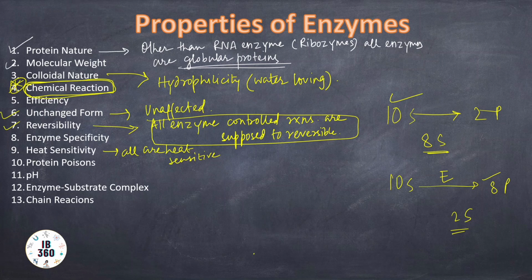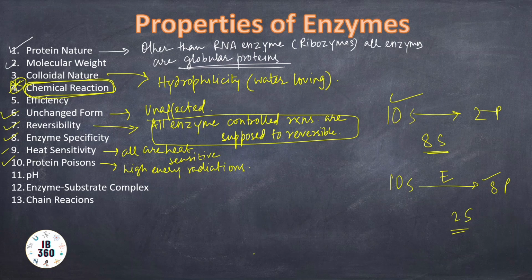For example, high energy radiations, because these can denature proteins, and enzymes are proteins, so they are subjected to all these harmful elements in nature which are toxic or harmful for proteins in general. They are also affected in a similar fashion by them.